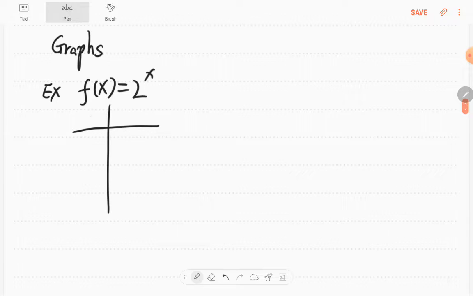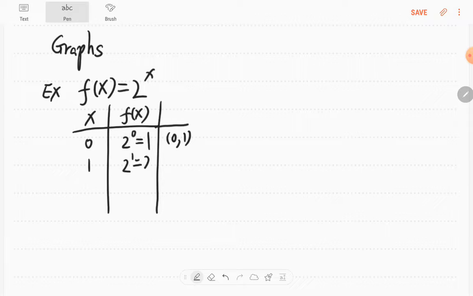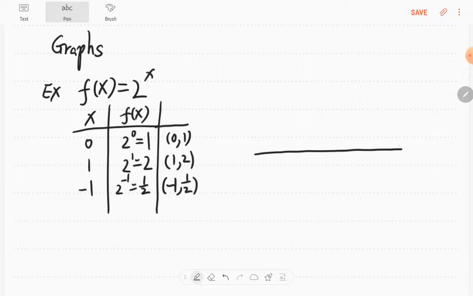If x is 0, it would be 2 to the 0, which is equal to 1, so you must have the point (0, 1). If x equals 1, then it is 2 to the 1, which is 2, so you have the point (1, 2). If x is negative 1, this is 2 to the negative 1, which is 1/2, so you have the point (negative 1, 1/2). Of course you can take more points, but here I just use these 3 points.